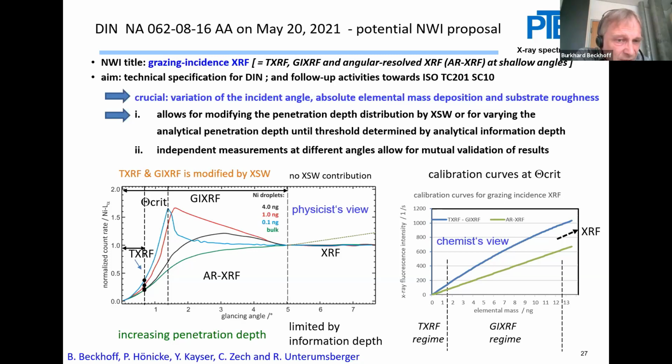The most characteristic feature of these angular profiles that are changing from the light blue to the red to the black is a modification of the X-ray standing wave field. So you have a modification of the penetration depths into the samples by the X-ray standing wave field.